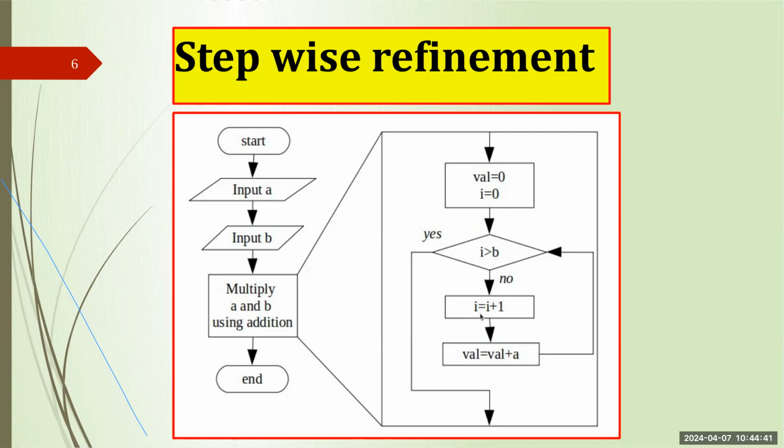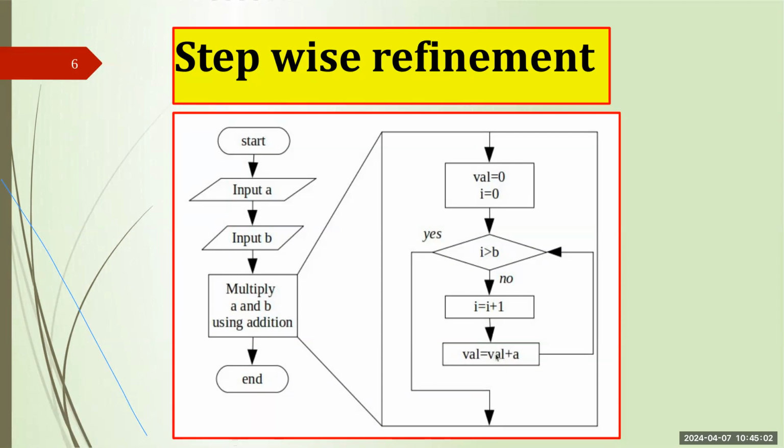Now here the value is 0 the first time, and then plus A. A is 2. Now then this value has 2.